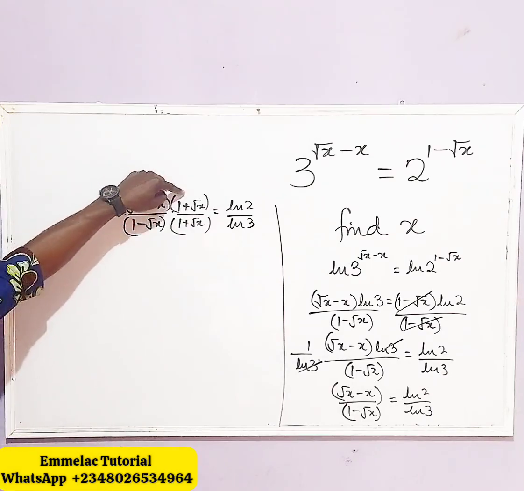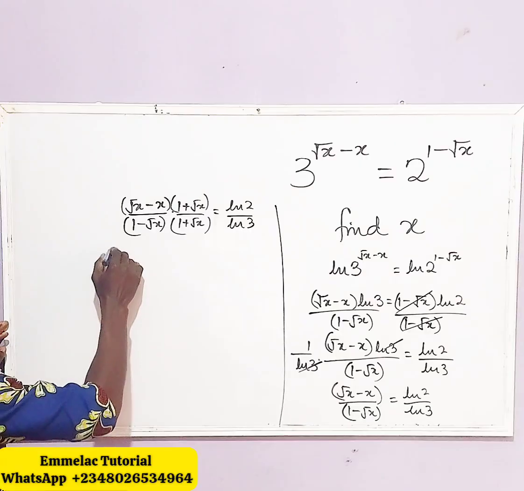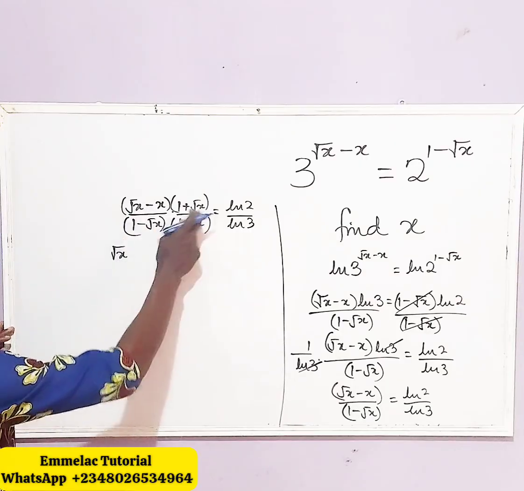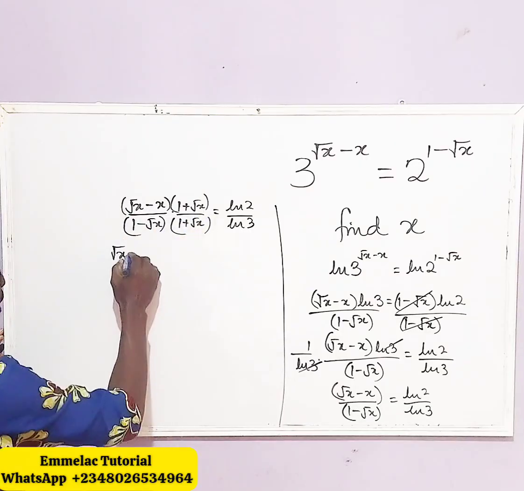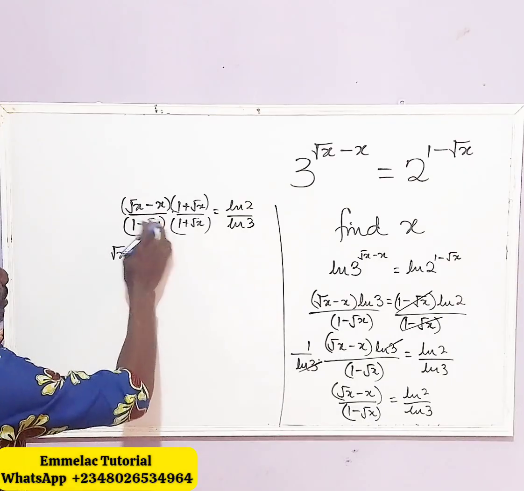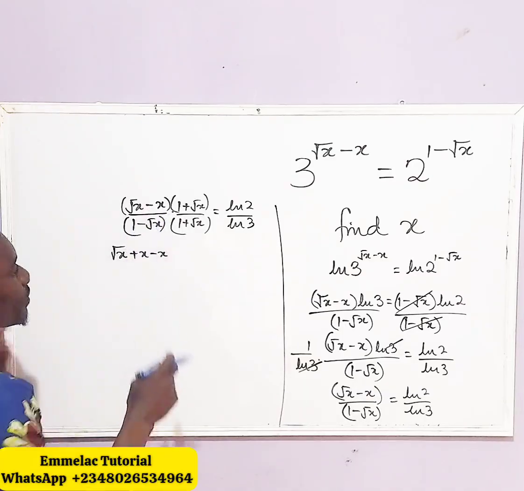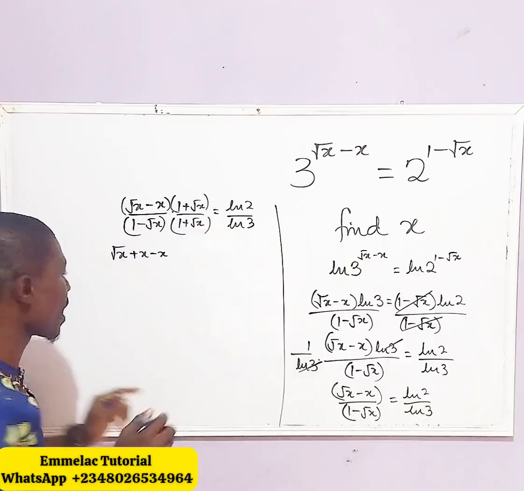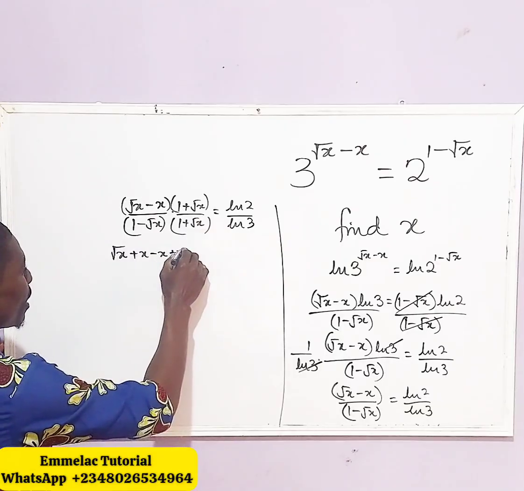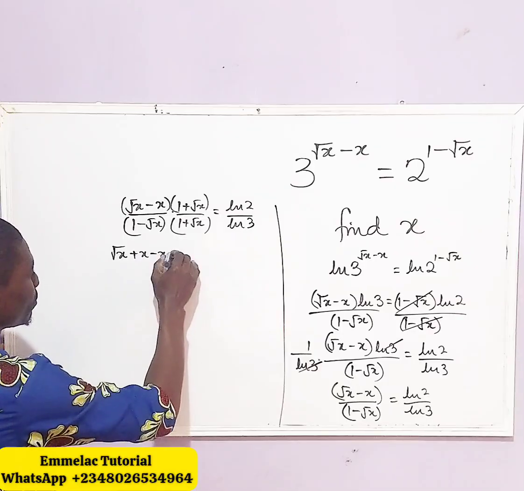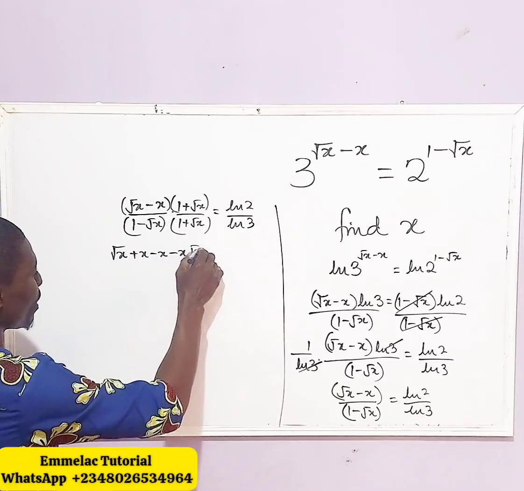By multiplying, the root of x times 1 gives the root of x. The root of x times the root of x gives x. Negative x times 1 gives negative x, and negative x times the root of x gives minus x the root of x.